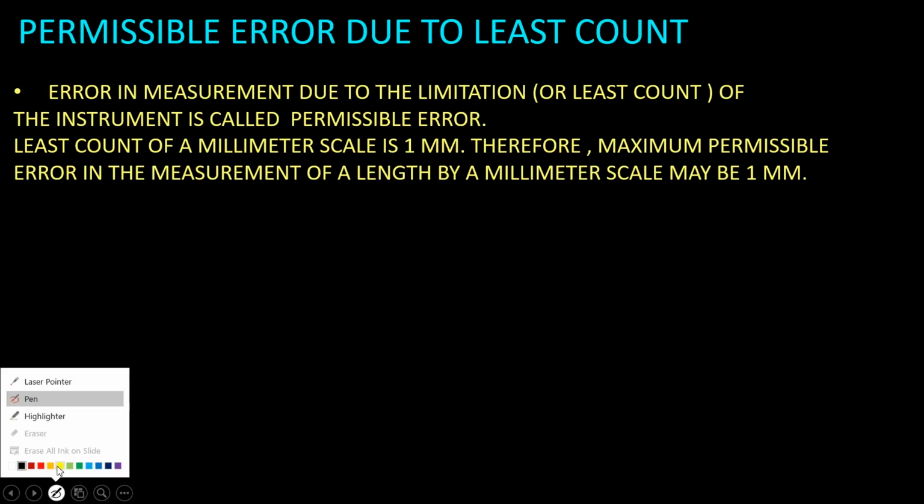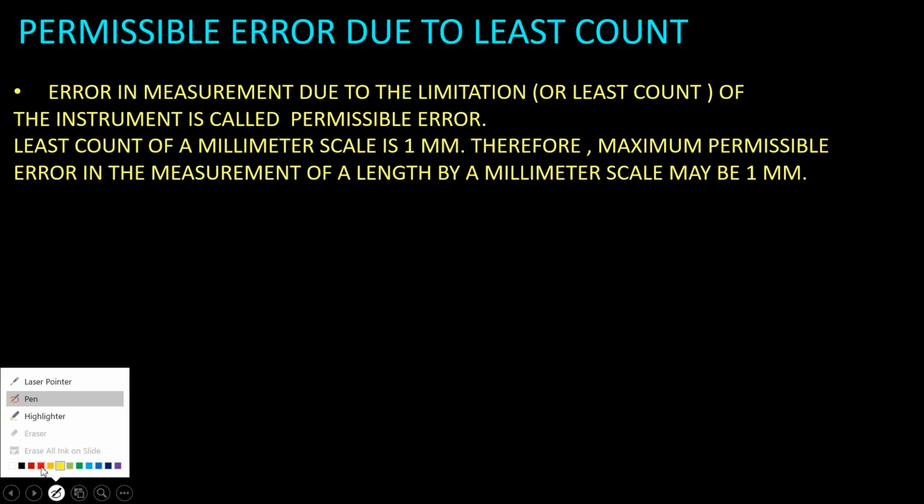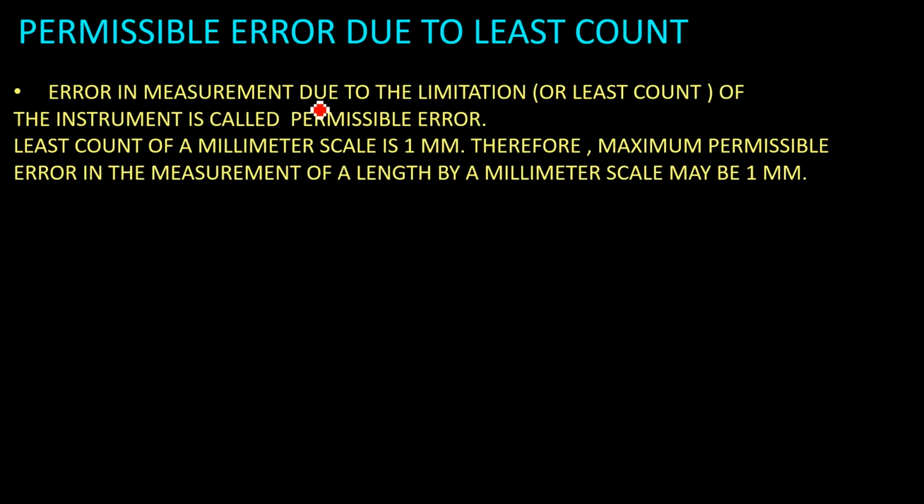What exactly is the permissible error? Permissible error due to least count. Error in a measurement. So what exactly is it here? Error in measurement due to limitation of least count.